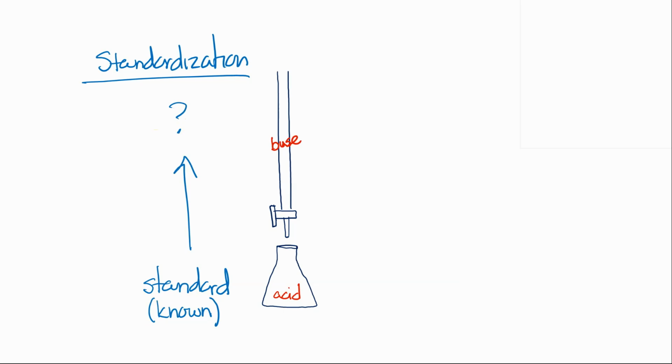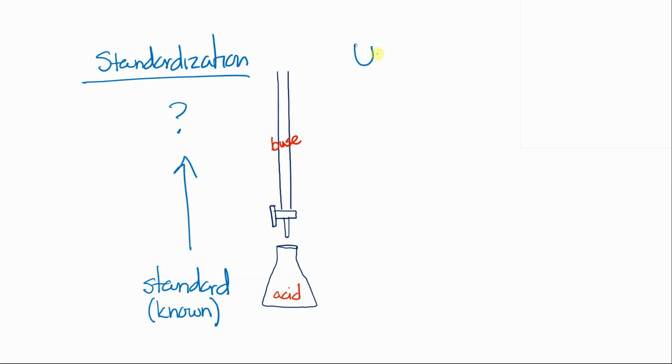Standards are chemicals that we have in the laboratory that are very stable and are well characterized. We know the concentrations or the purity, and therefore they're useful for checking the concentration of chemicals that might not be as stable in storage.